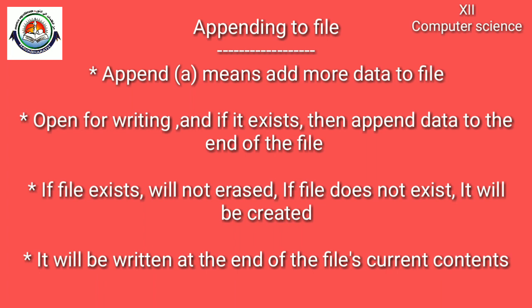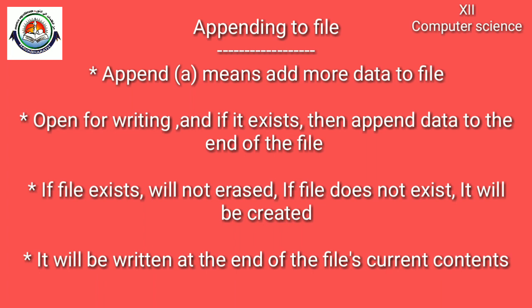Some data will already be there in that file, and we can append more data to the end of that particular file. In Python we can use the A mode to open an output file in append mode.